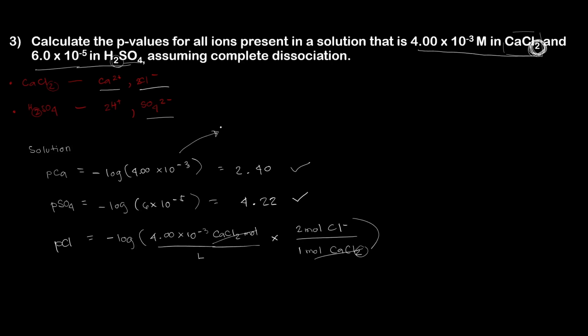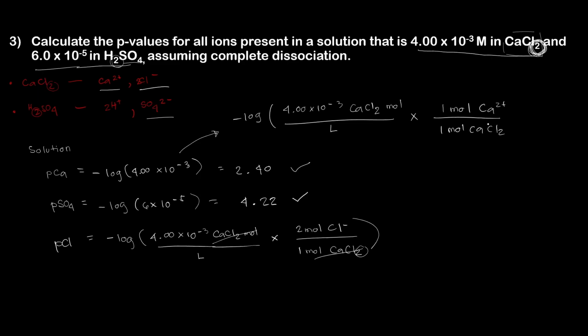Okay, in case of calcium, we can also do this. We can put negative log 4 times 10 to the negative 3 calcium chloride mole per liter, and 1 mole of calcium chloride is 1 mole calcium plus, right?